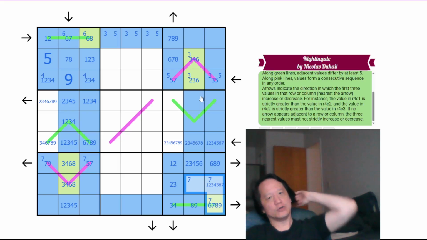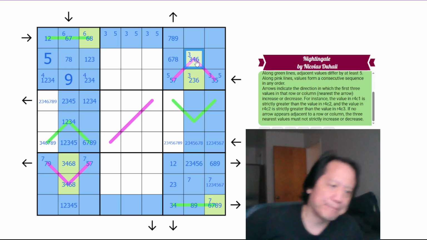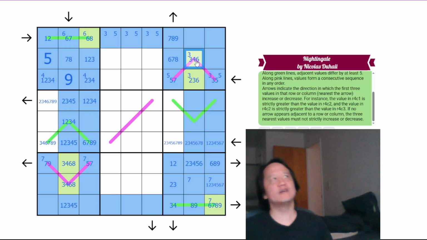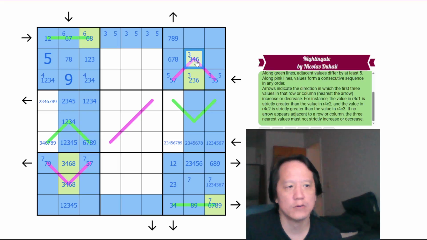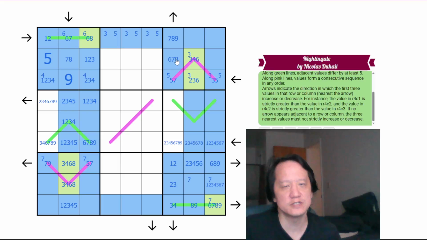This value is always a 6. Aha. Sorry, this value is always 6 or 4. So this value can never be smaller than that, right? Because this 6 or 4 is always going to be less than 6, 7, or 8 here.